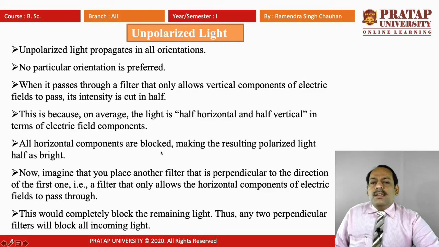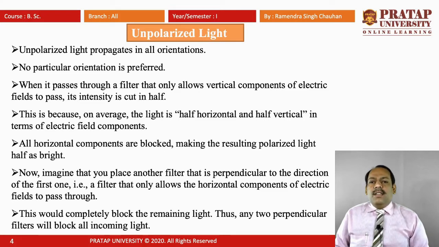Unpolarized light, as we have already discussed, has vibrations of the electric vector in all directions; it is propagating in all orientations, and no particular orientation is preferred. When it passes through a filter that only allows the vertical component of the electric field to pass, its intensity is cut in half.